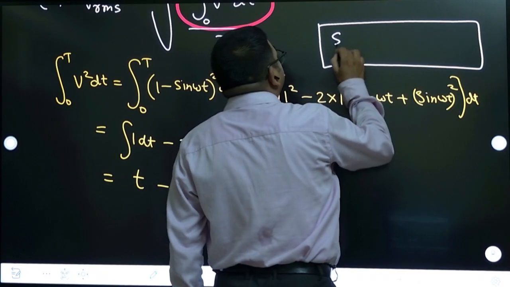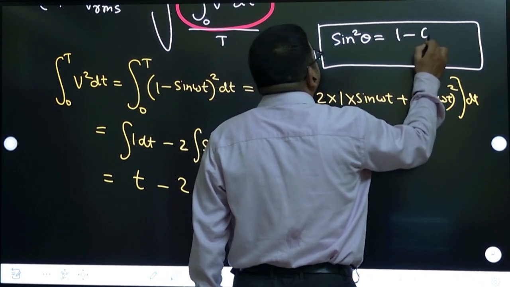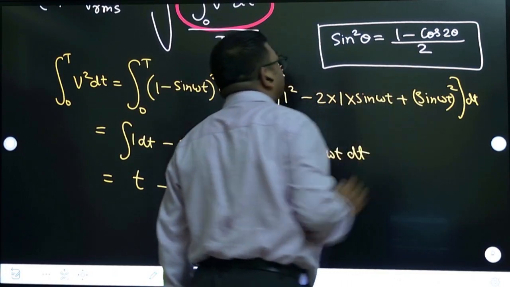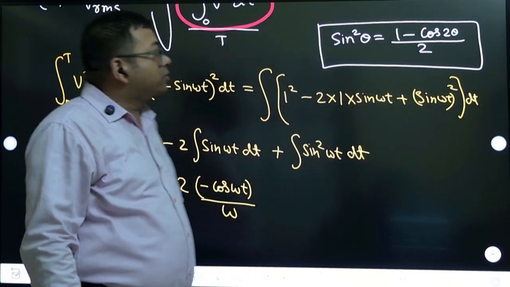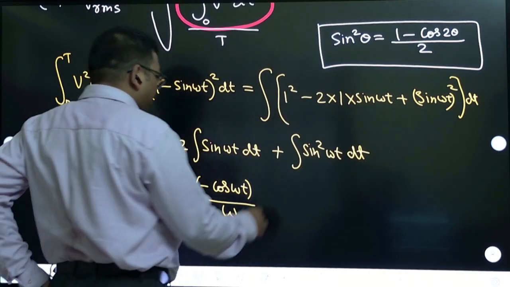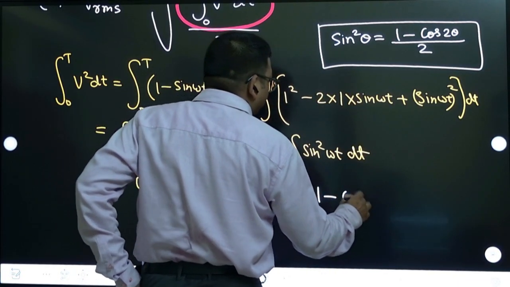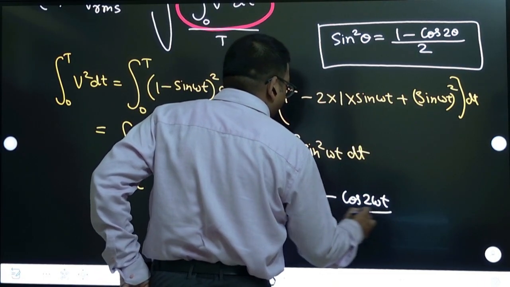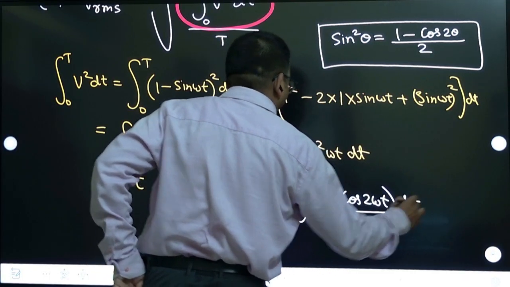Sine square theta can be written as 1 minus cos 2 theta by 2. Last class also we have done that. So remember this, sine square theta is 1 minus cos 2 theta by 2. So that is what we will do here. We will write it as 1 minus cos 2 theta, where theta is omega t, so 1 minus cos 2 omega t by 2. This is what we have to integrate.